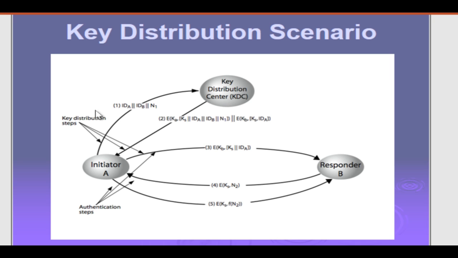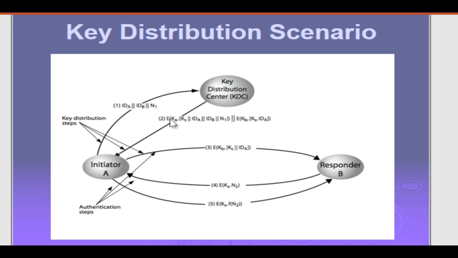The KDC also has to know between whose pair this session key is, that is, with whom A wants to communicate. That's why he sends the identity of B and nonce N1.